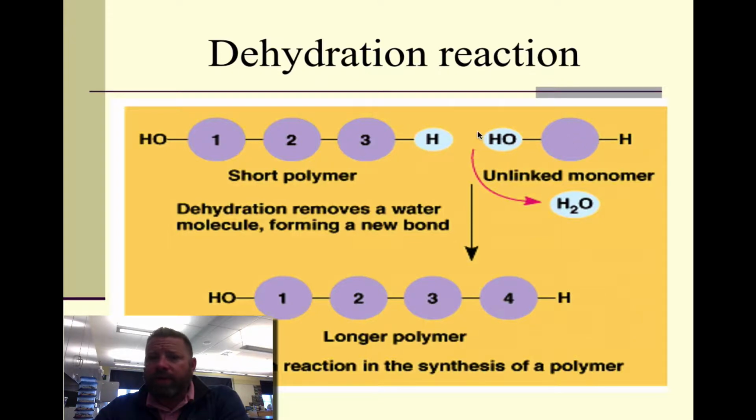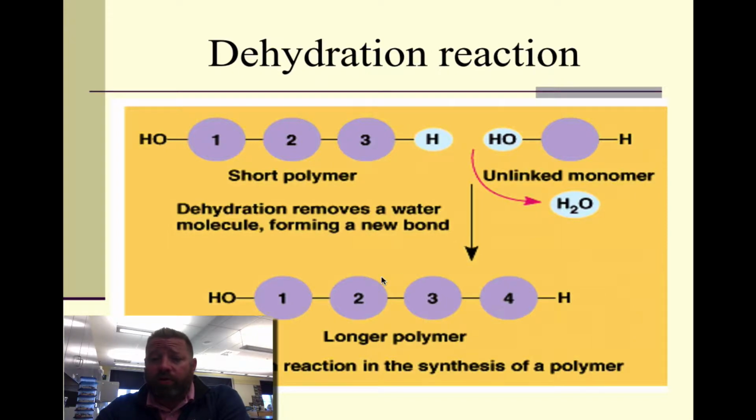When you link these together, we drop a hydroxyl group, drop a hydrogen, and water is created. A series of enzymes help this happen or speed this process up. These two molecules will then bond together. So this purple one here will attach to purple number 3 here and create a longer polymer.